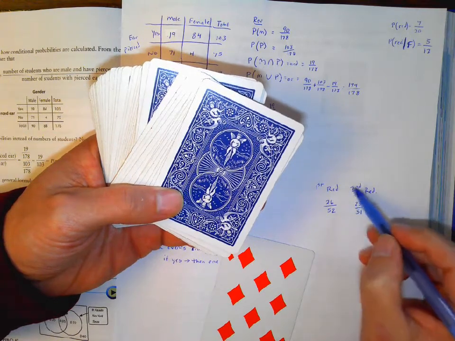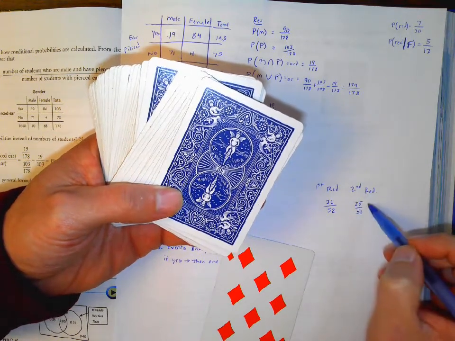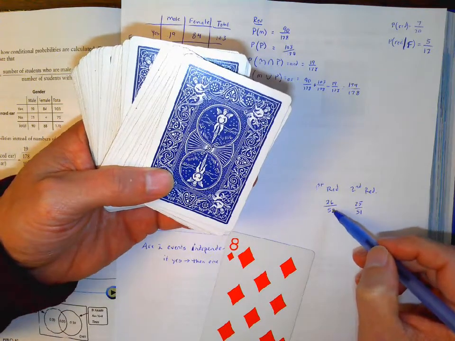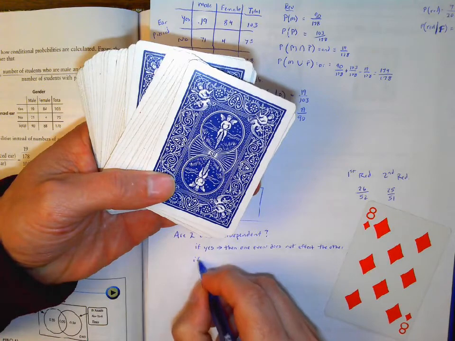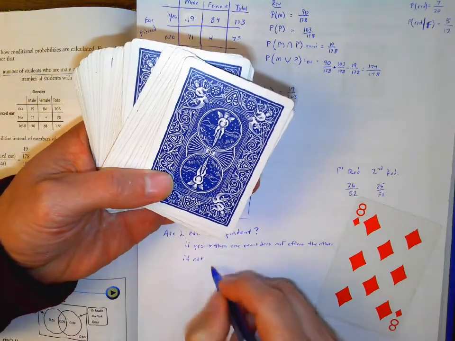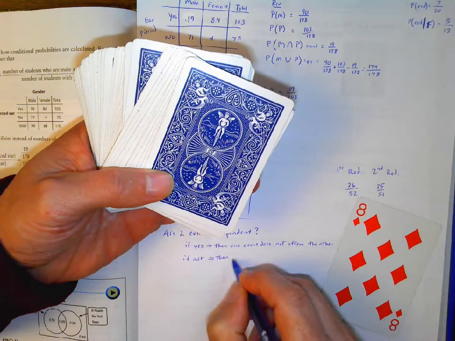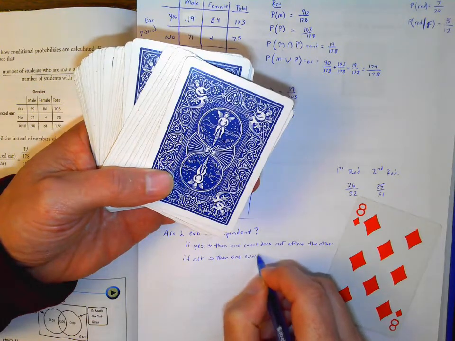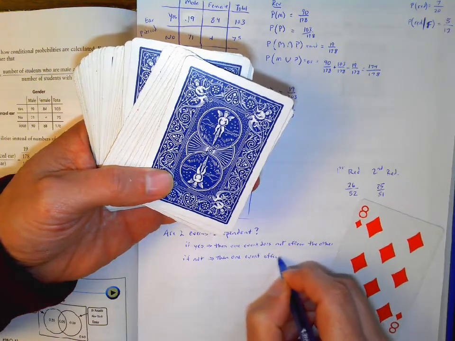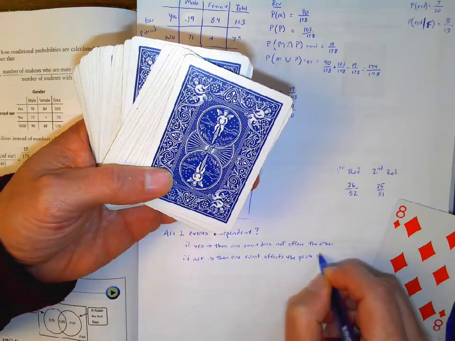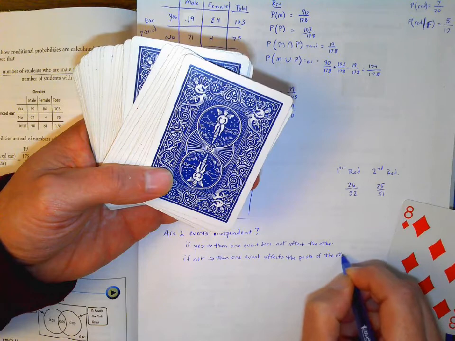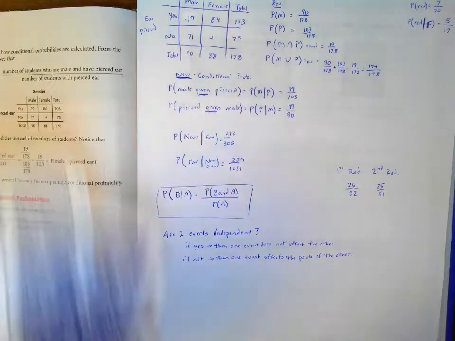So this next event is not independent of the first event because it changes. If they're not independent, then one event affects the probability of the other. So that's the whole idea of independence.